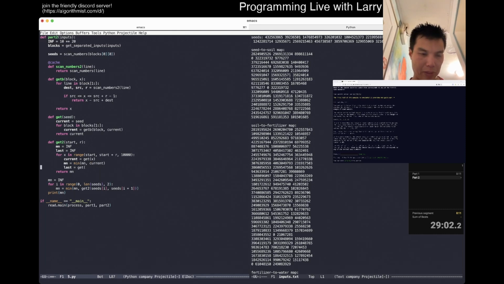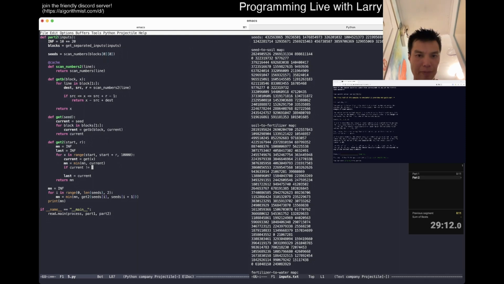Fast is zero, current, but if current is not equal to delta. If this is not equal to what was it not equal to?